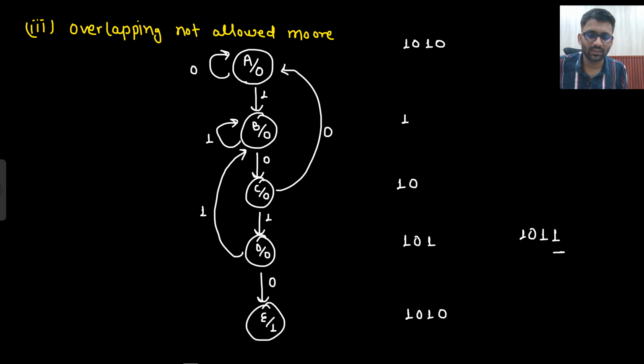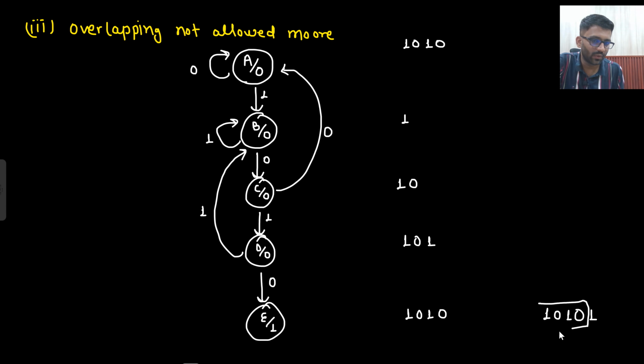Now, last case. What is the scene here? Overlapping not allowed. That we need to remember, overlapping not allowed. 1, 0, 1, 0. Sequence has been detected, that's for sure. Now, if 1 is applied, if sequence has been detected and overlapping is not allowed, that means this is gone. There is no use of that.